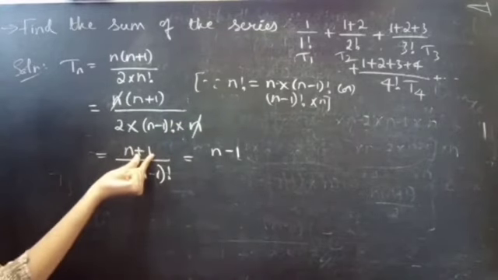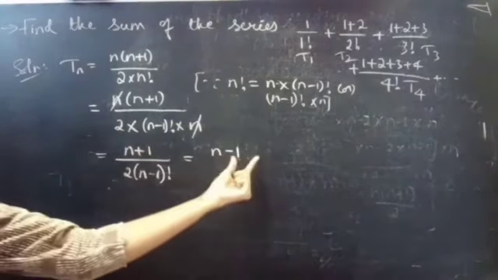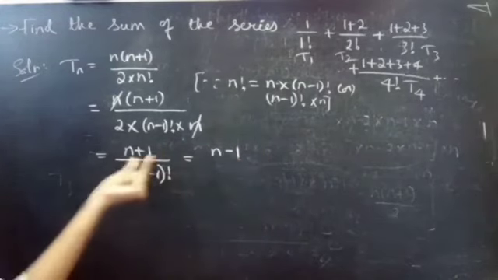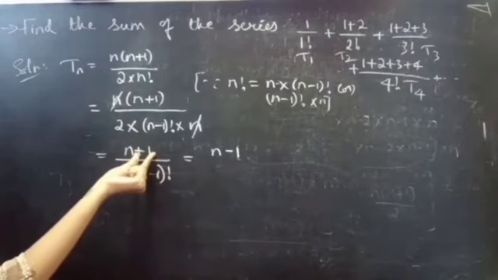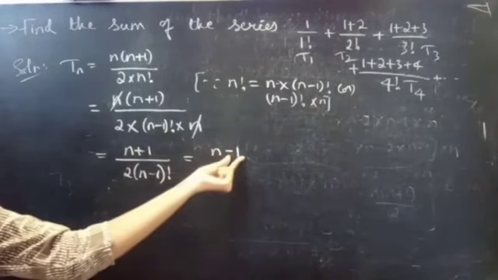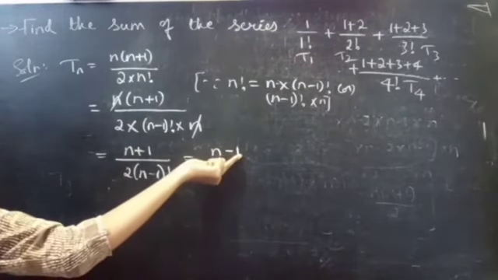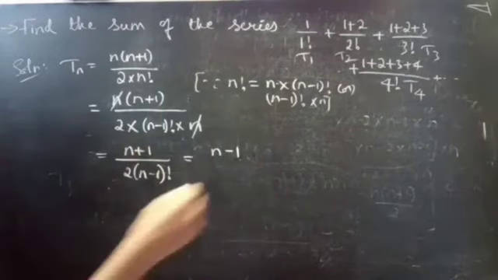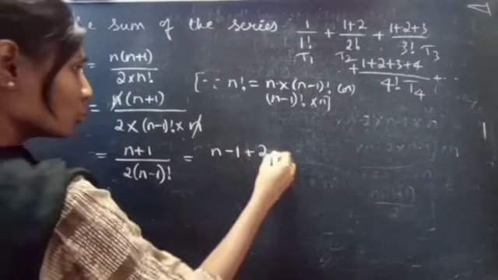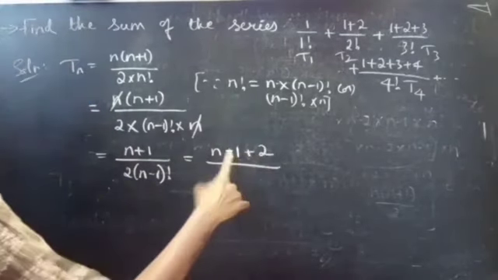So how can I get plus 1 in the numerator here? See, here you're having plus 1, but here you're having minus 1. So what you have to add here to get plus 1? If you add plus 2, obviously 2 minus 1 is plus 1.